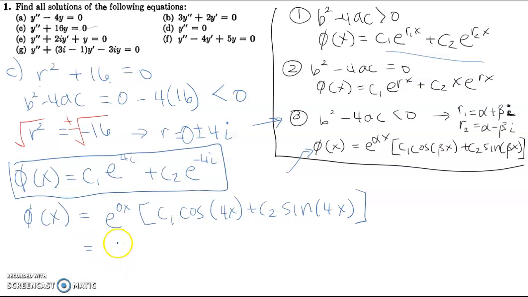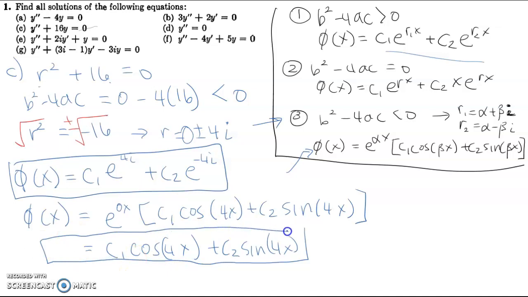This can be rewritten as e to the power of 0x is just 1, so it's just c1 cosine of 4x plus c2 sine of 4x. All right, so either one of these two answers mean the same thing, and they're both very valid answers for part C.